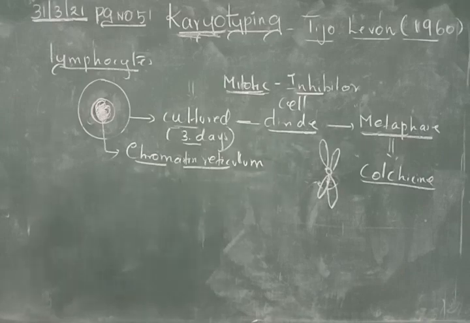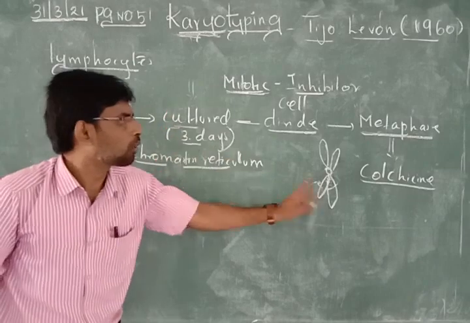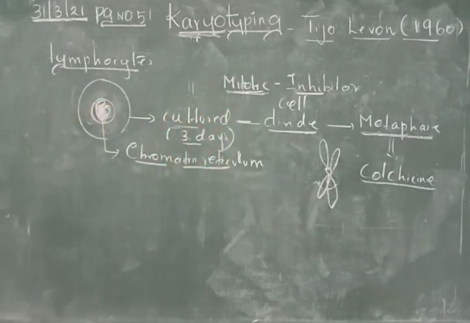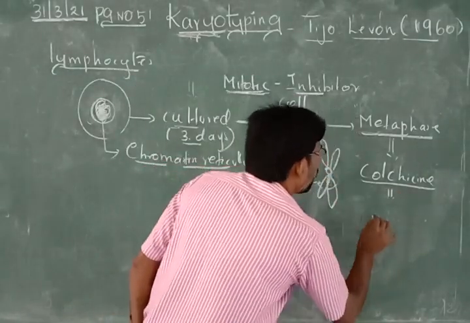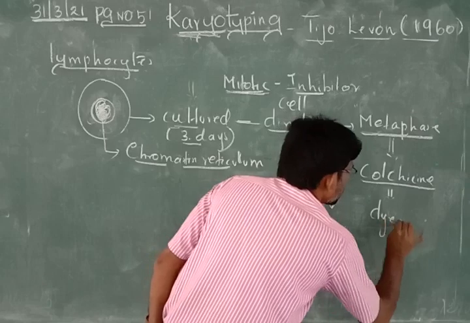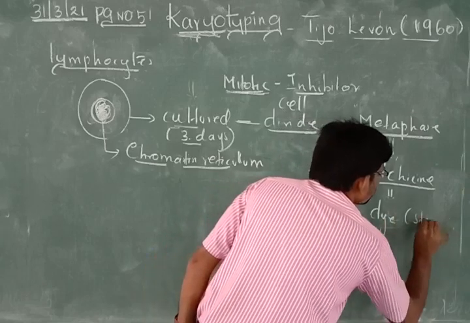So these cells are arrested in the metaphase by using a chemical called colchicine, also called a mitotic inhibitor. Okay, then after this, you add a dye, in the sense a stain.